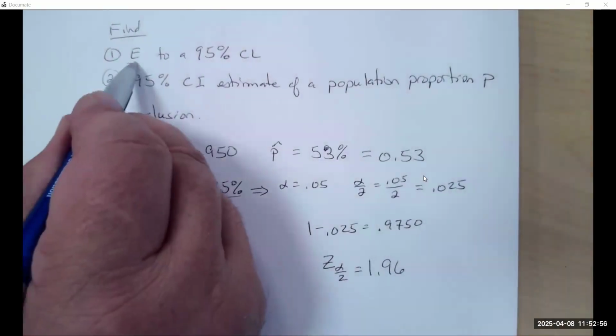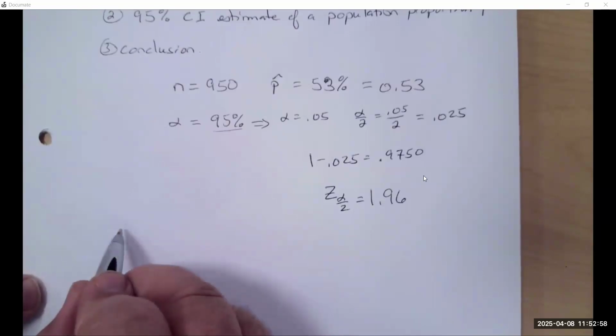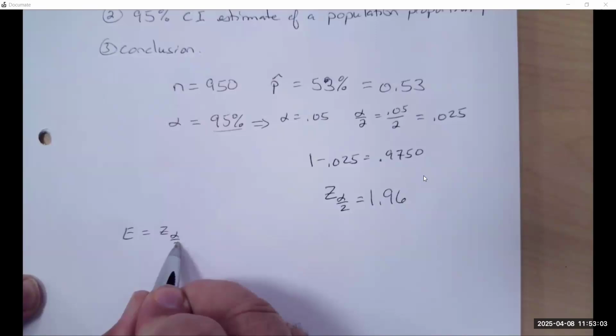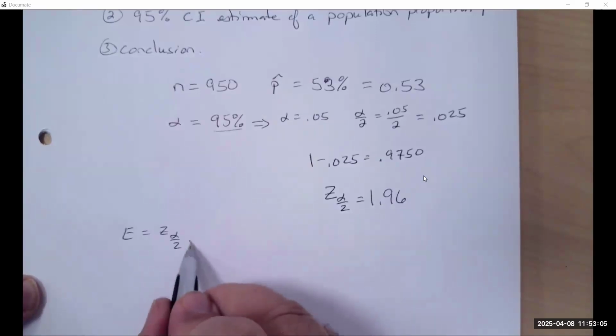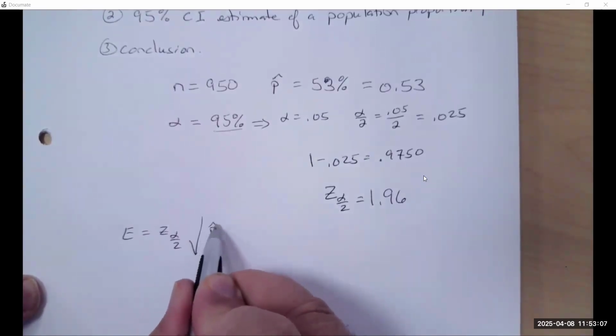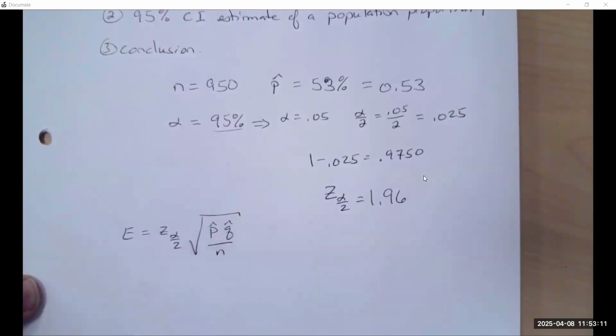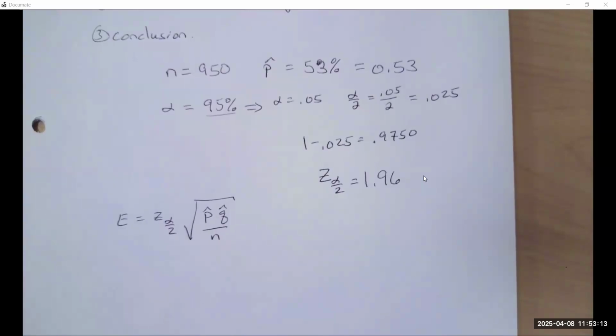What else do we need to find E? To find E, we need to have the z-score. We need to have P hat, Q hat, and n. So what's the only thing we're missing? Can you give it to us?